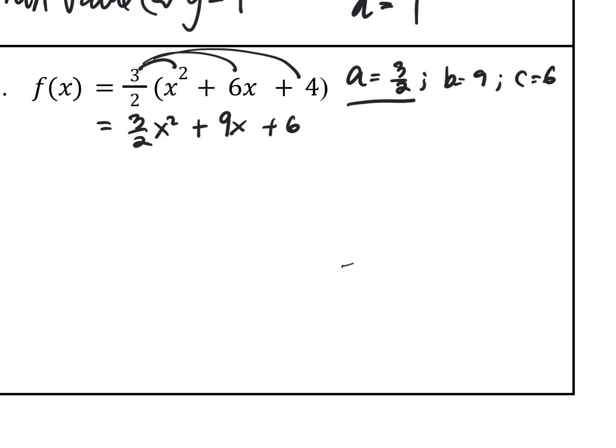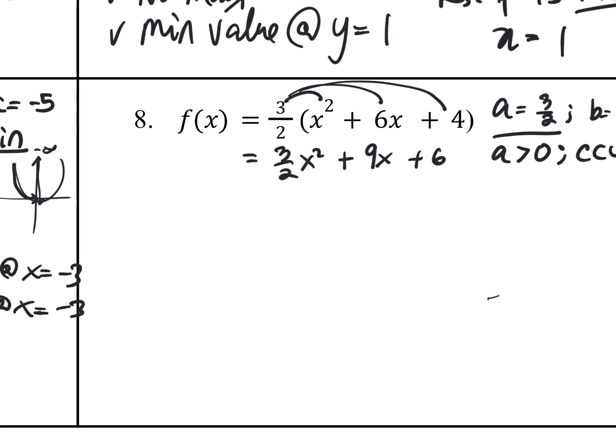Now what does my a tell me again? A is greater than 0, therefore it's going to be concave up, and if it is concave up, I'm going to have my minimum value. Okay, so let's find our vertex. The x coordinate for the vertex is negative b over 2a.